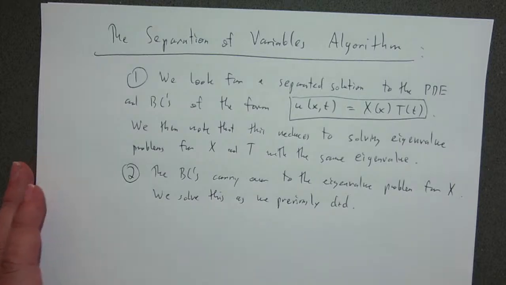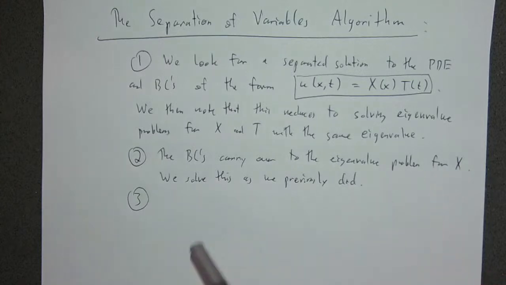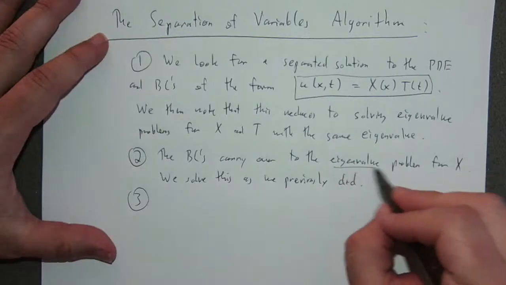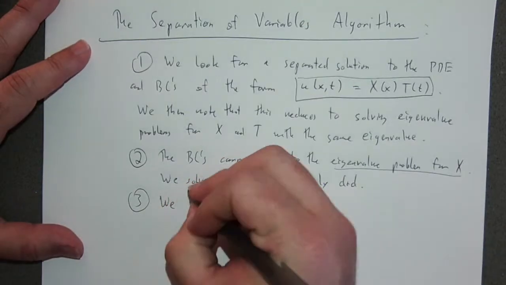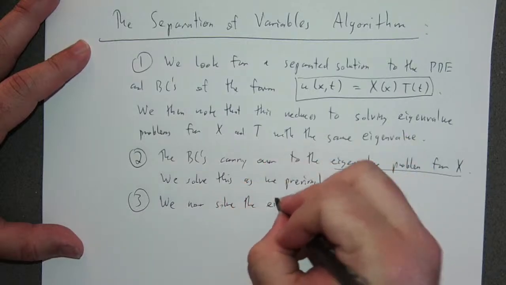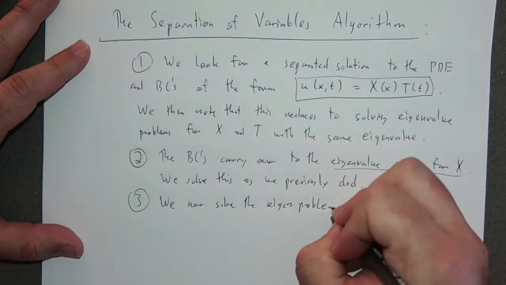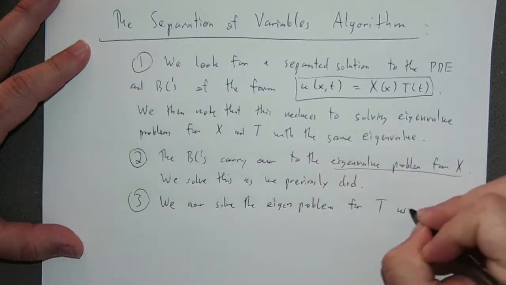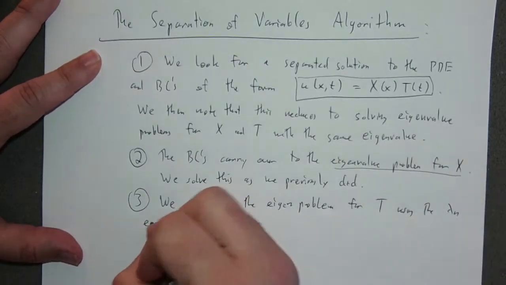Next, after we've solved the eigenvalue problem for X, we now have to solve the eigenvalue problem for T for the eigenvalue lambda n found in the previous step. We now solve the eigenproblem for T using the lambda n eigenvalues found in the previous step.